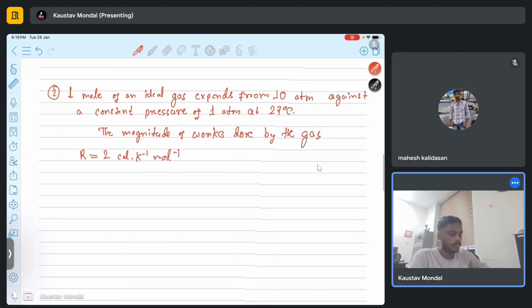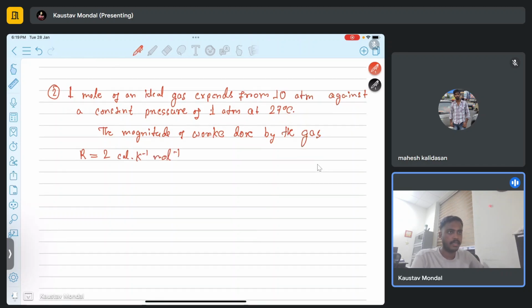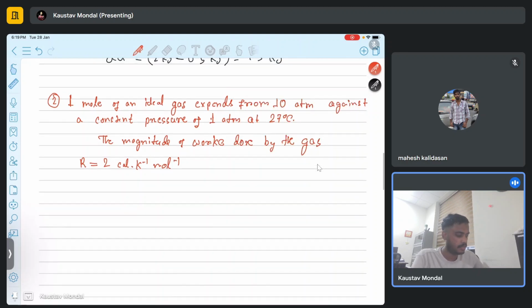So basically, 1 mole of an ideal gas expands from 10 atm against a constant pressure of 1 atm at 27 degrees centigrade. From here we have to calculate the work done by the gas.